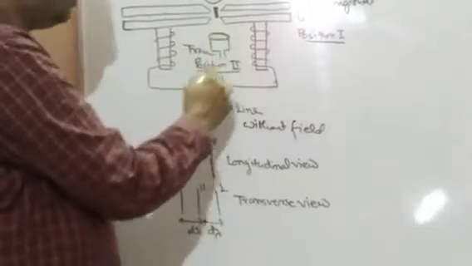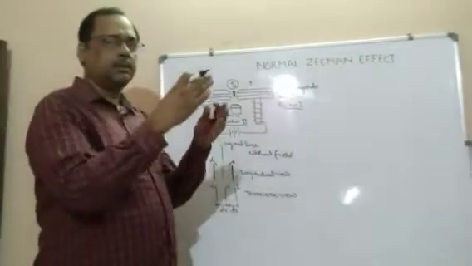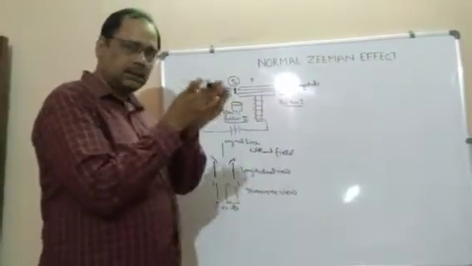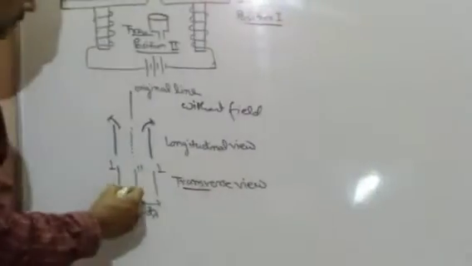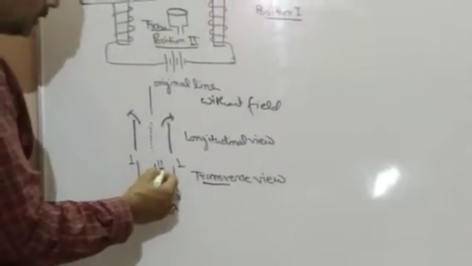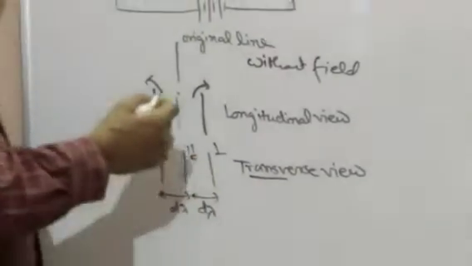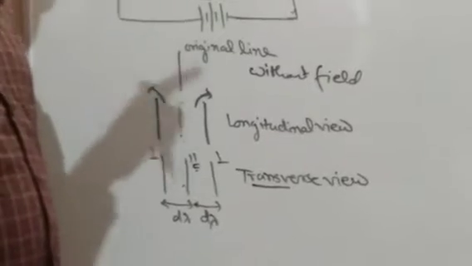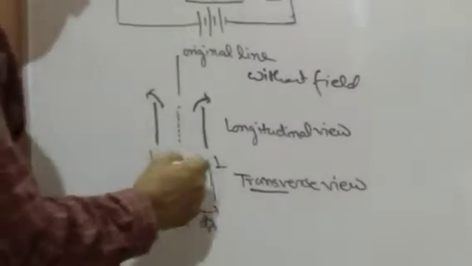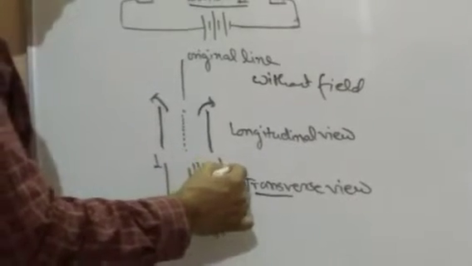Similarly, if we come to the transverse position, what is the meaning of transverse position? It is perpendicular to the direction of the magnetic field. In the transverse position, we have three lines. Here I am showing the central one, in which the electric vectors are parallel to the direction of the magnetic field, and in the other two the electric vectors are perpendicular to the direction of the magnetic field.